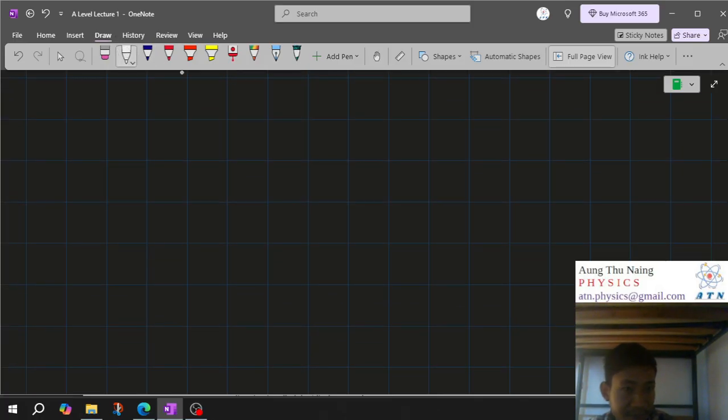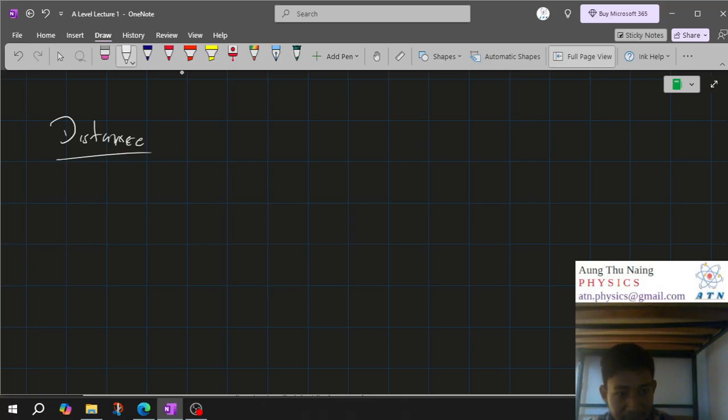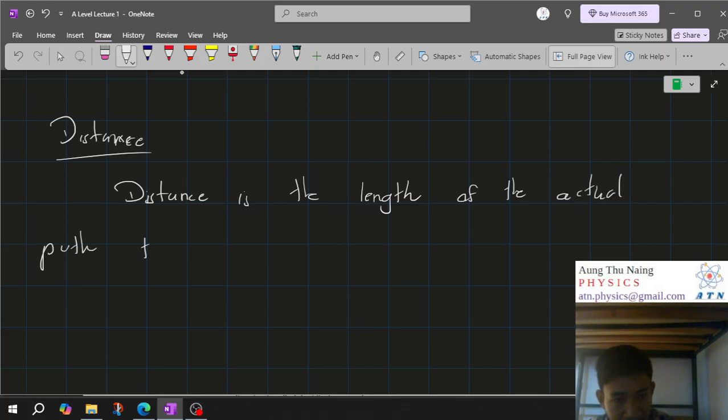I will write down the definition. Distance: the actual path that the object moved.